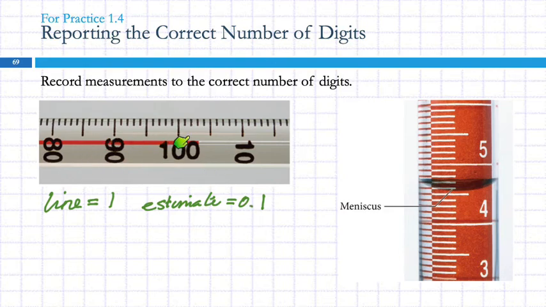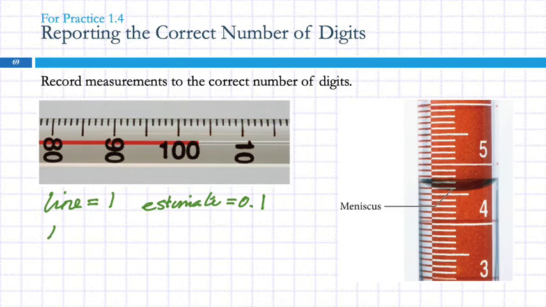So here's the red. It's not mercury, it's actually alcohol. And so we're going to look, well, where does that fall? Well, this is 100, 101, 102. It looks like it's 103. Might be a little higher. Might be right on 103. But it's clearly 103 something, right?